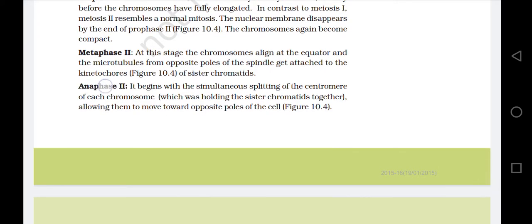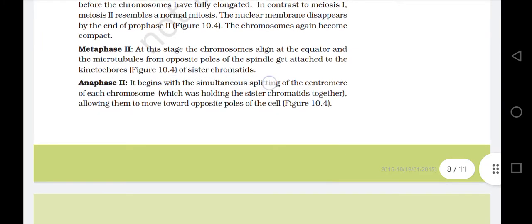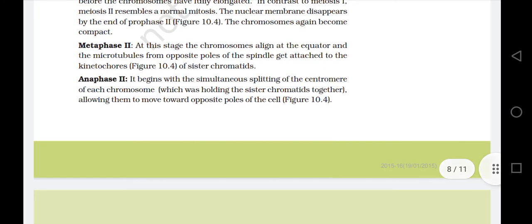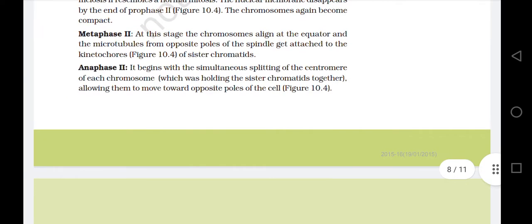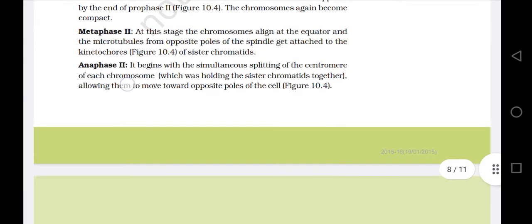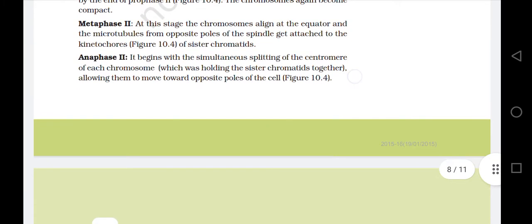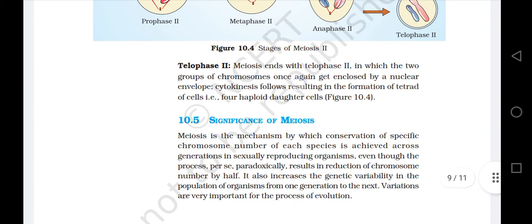Anaphase 2. It begins with the simultaneous splitting of the centromere of each chromosome, which was holding the sister chromatids together, allowing them to move toward opposite poles of the cell. Telophase 2.